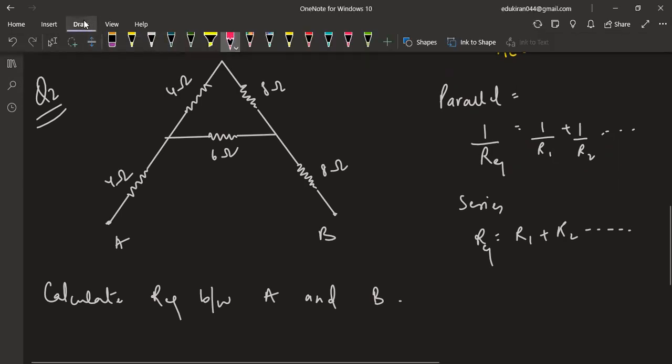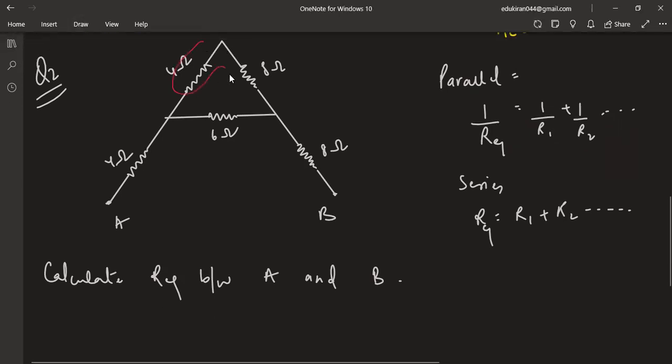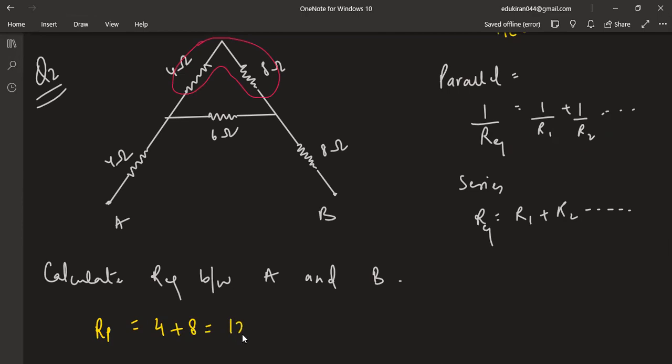Class, look here. These two are connected in series. So R1 will become 4 plus 8, that will give you 12. So how can we draw our circuit?